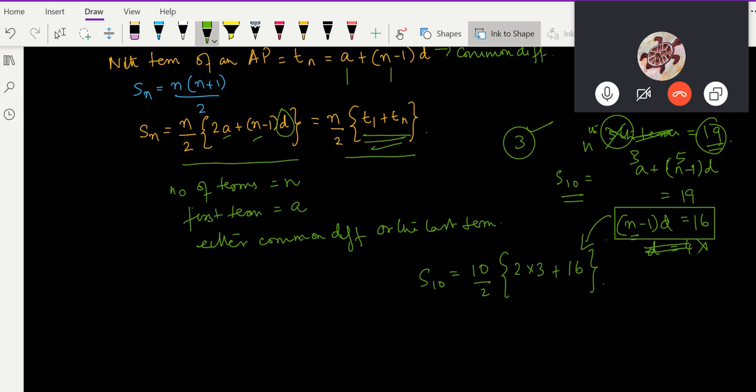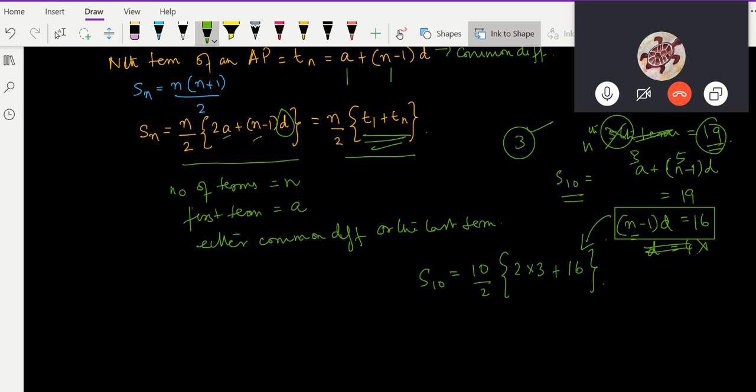If you are told that the first term is this and the fifth term is this, you can straight away find out the value of d, right? Or if you are told the first and the last term and the number of terms, you can straight away find the value of sum of the n terms.